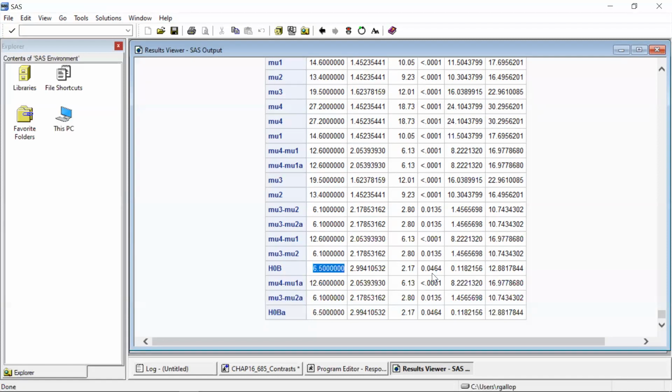And again, that difference is statistically significantly different, and we can see the p-value is 0.0464.